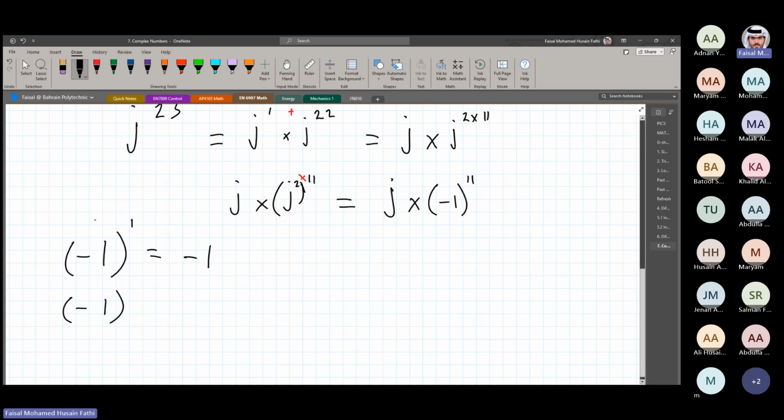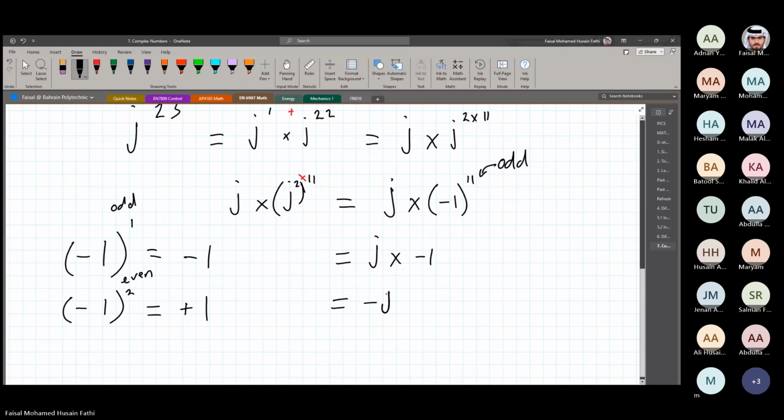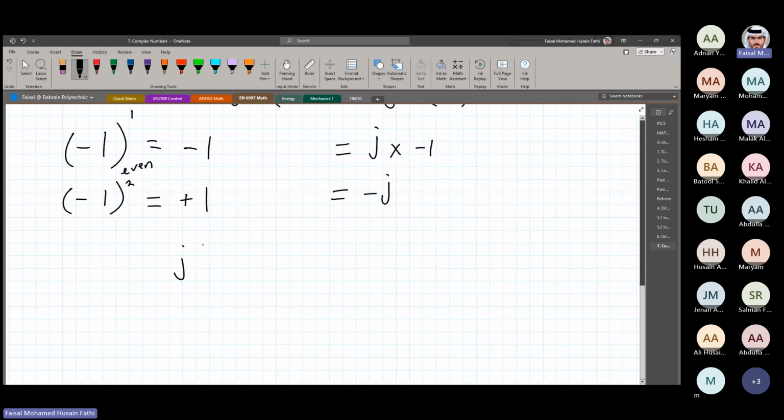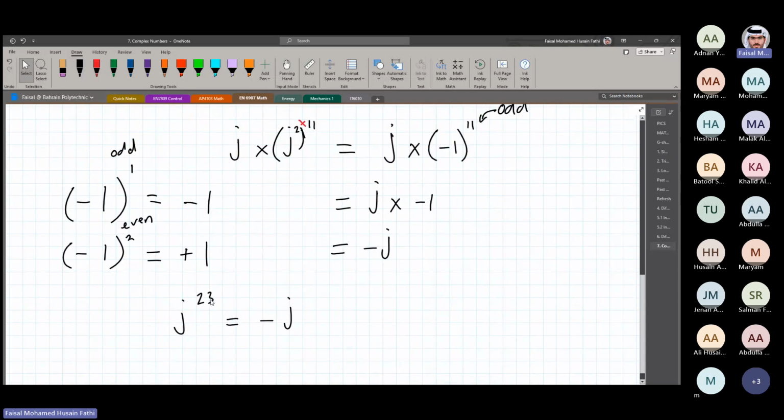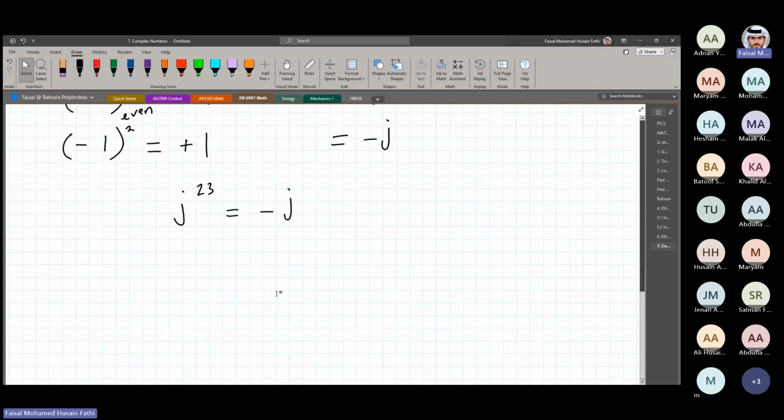If it is to the power of an even number like 2, it is going to become positive. 11 is an odd number. فالجواب بيكون J times minus 1, or in other words, minus J. So J to the power of 23 is equal to minus J. Okay, this is how you basically do mathematical simplification of J. When you see J with a power, this is how you simplify the power of J, of the imaginary part.